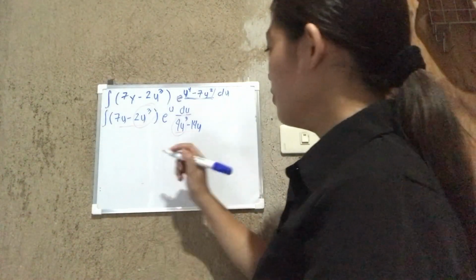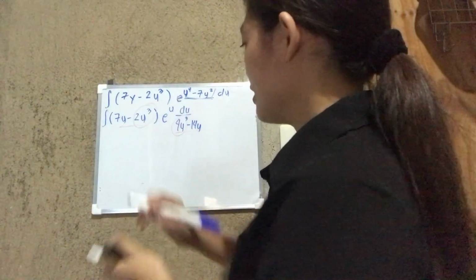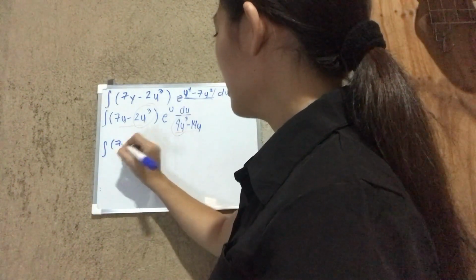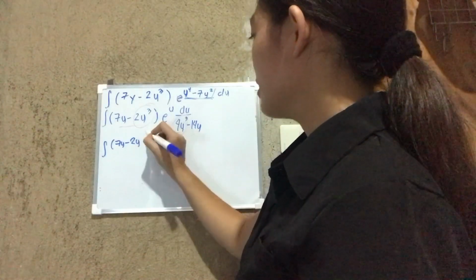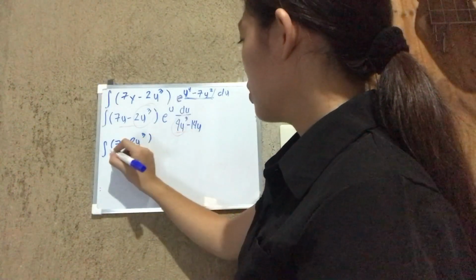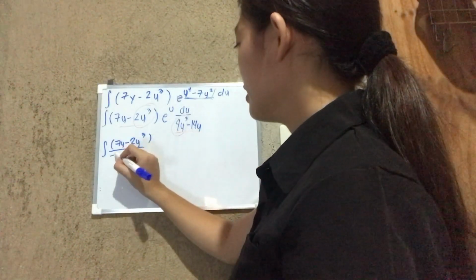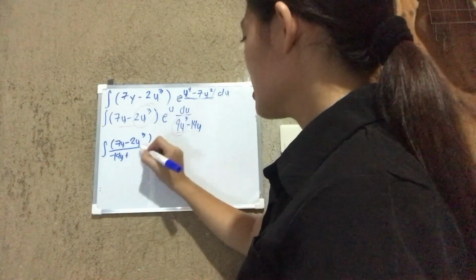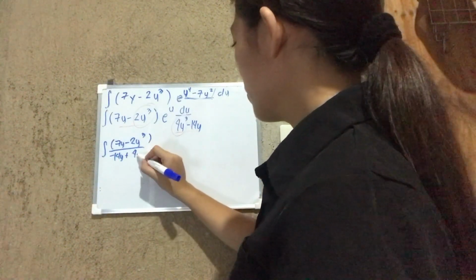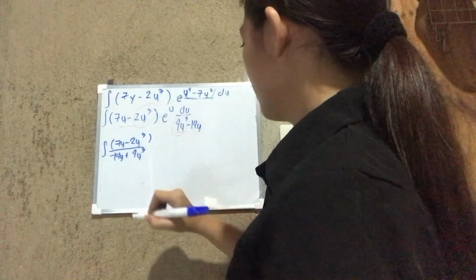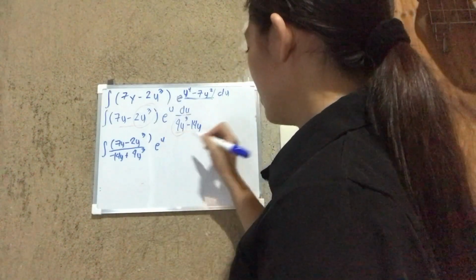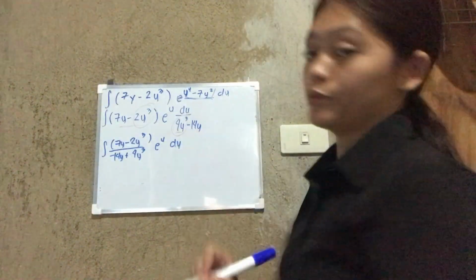So if we rewrite this one, we're going to have 7y minus 2y cubed over negative 14y plus 4y cubed, then copy the e raised to u, then the du.